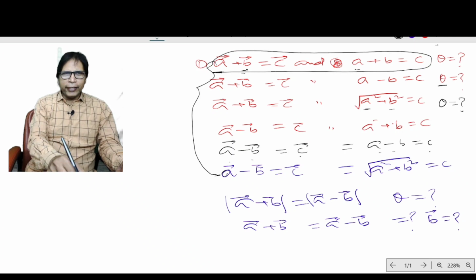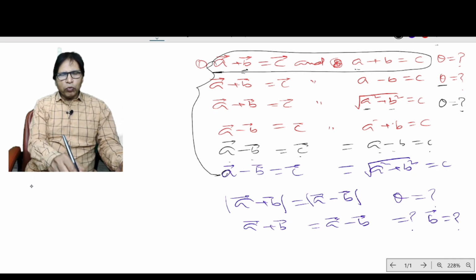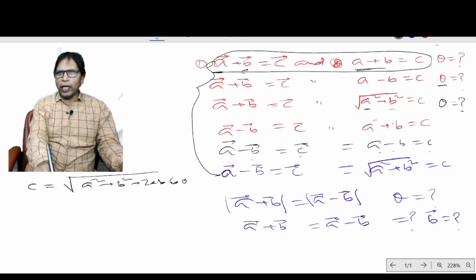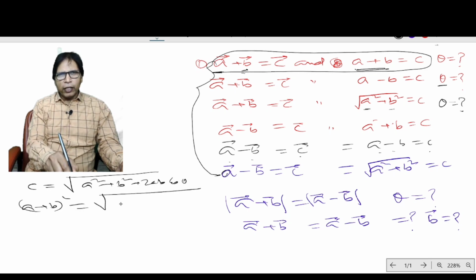Look at this, vector a plus vector b equals vector c. So from triangular vector addition we get c equals the square root of a square plus b square plus 2ab cos theta. Now here c equals a plus b. So a plus b equals the square root of a square plus b square plus 2ab cos theta.